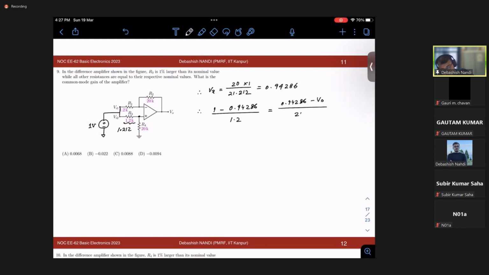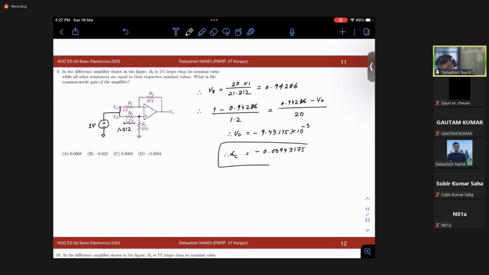The answer would be your V naught is coming out to be minus 9.43115 into 10 raised to minus 3. That means your alpha C would be minus 0.00943175. Okay, so this is coming out to be this one, right?